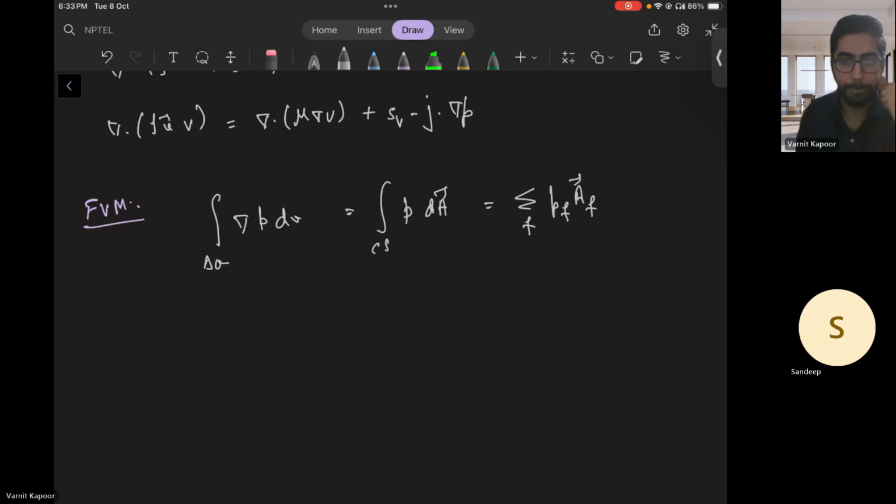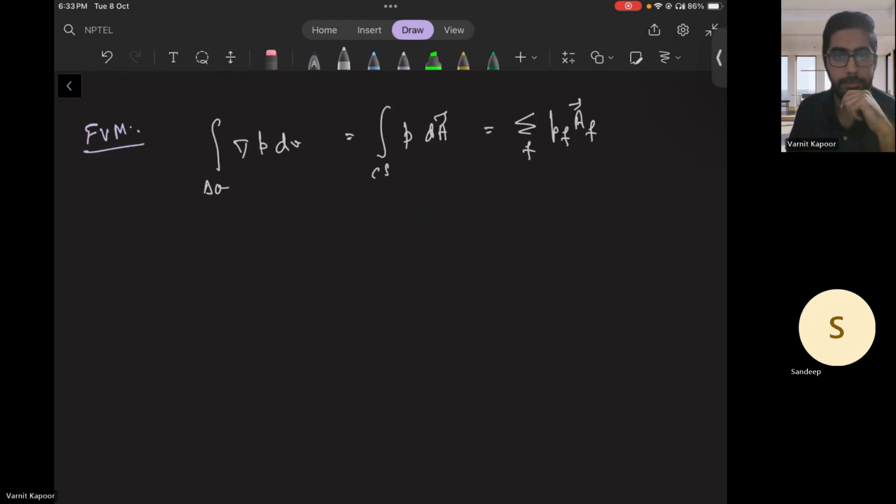Okay, this is clear. We are focusing on the grad P term if you are going to apply the finite volume method. So by Gauss divergence theorem, it will come like this, and summation over all the faces. And the cell centroid value or the face centroid value can be used to represent the pressure on that face.